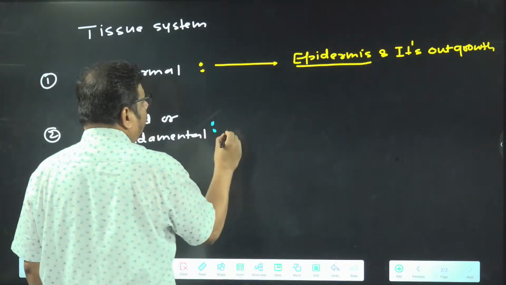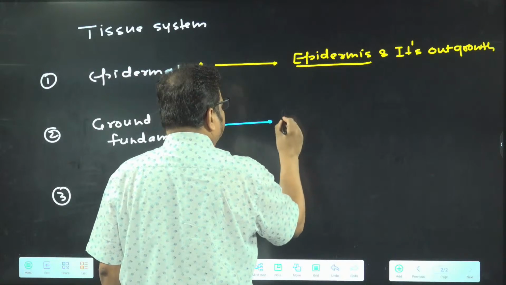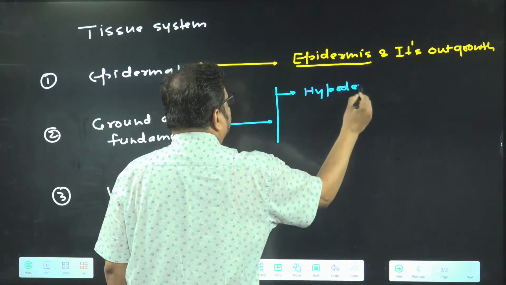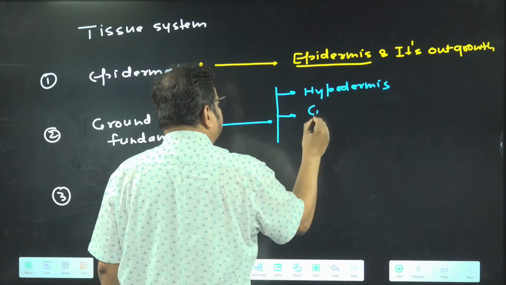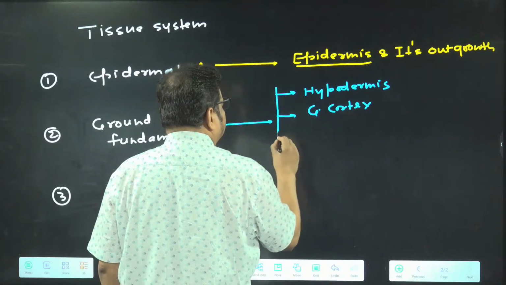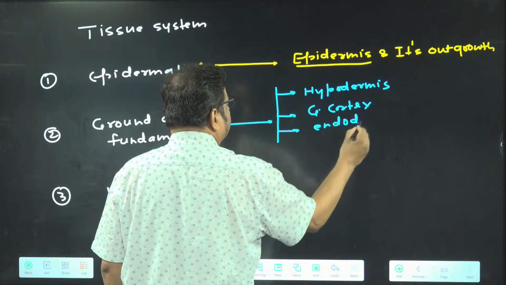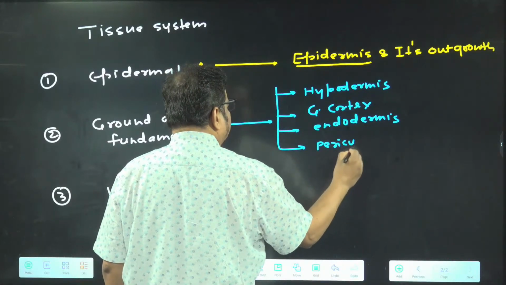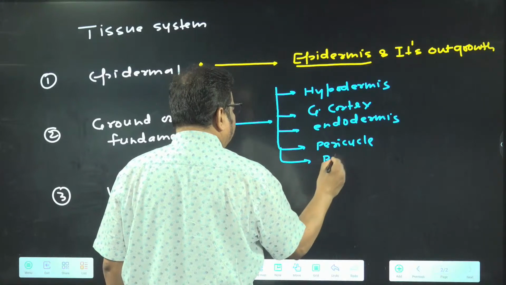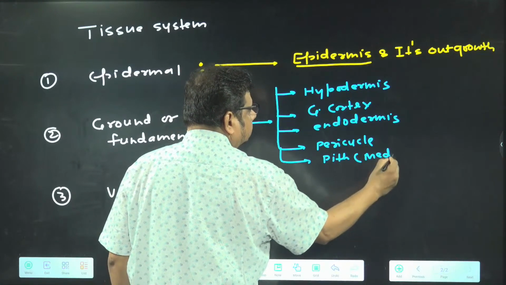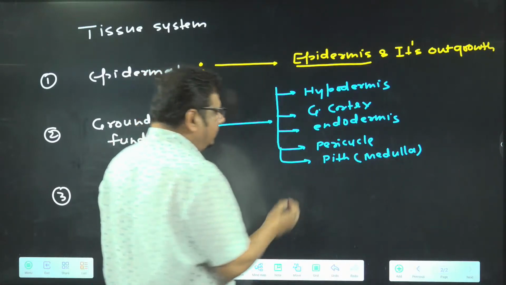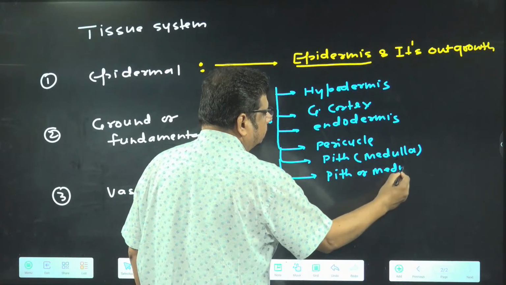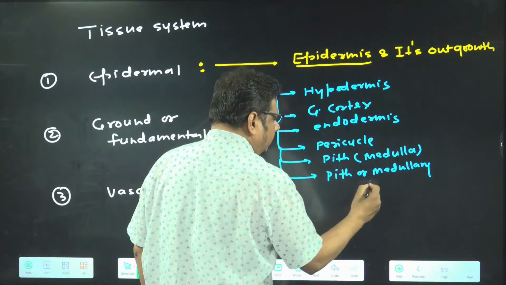Now, who is included in the ground tissue system? It includes hypodermis, general cortex, I already told it earlier also, endodermis, pericycle, then pith or medulla, and pith or medullary rays.